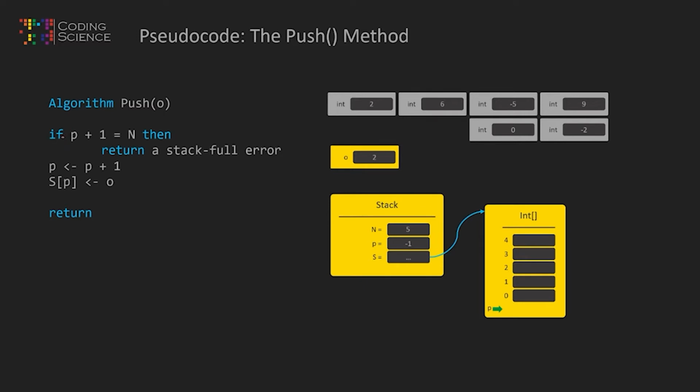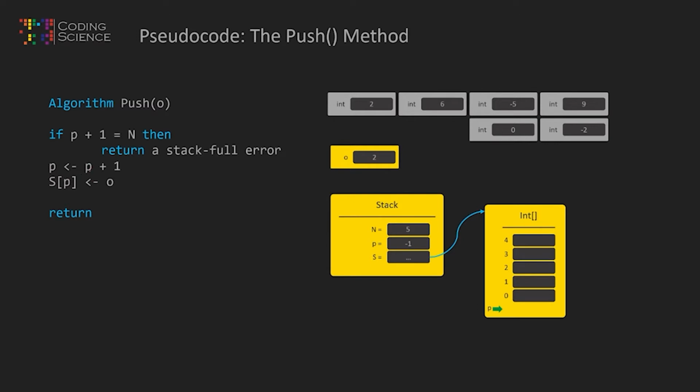We do a check. If p plus 1 is equal to n, then we maybe do something. So p plus 1. P is at -1 at the moment. We'll add 1, that becomes 0. Now n has the value 5. 0 is not equal to 5. Then we will ignore that line completely and we'll jump to that line.